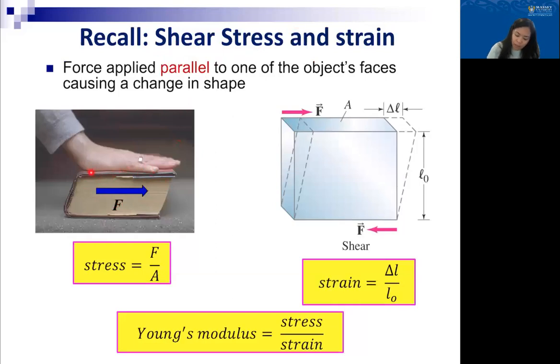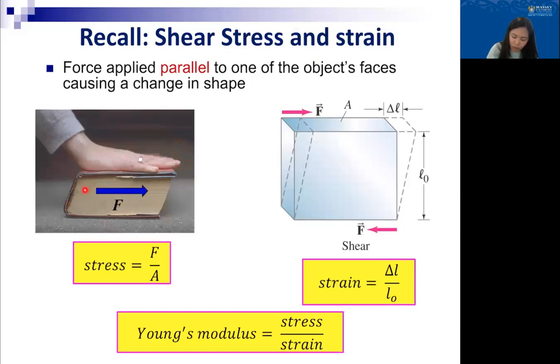So a good example is when you put your hand on top of a book, and if you slide your hand towards the right, away from the binding of the book, you are exerting a force that's parallel to the pages of the book.